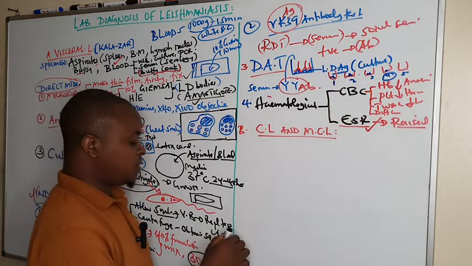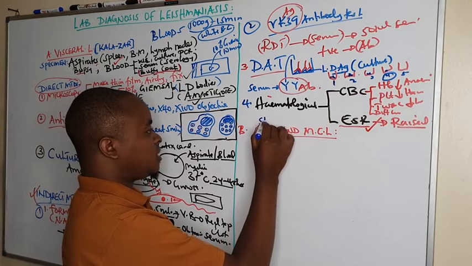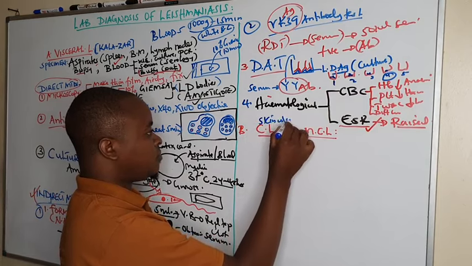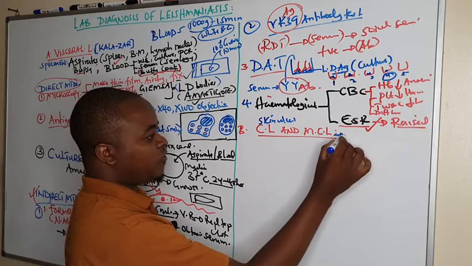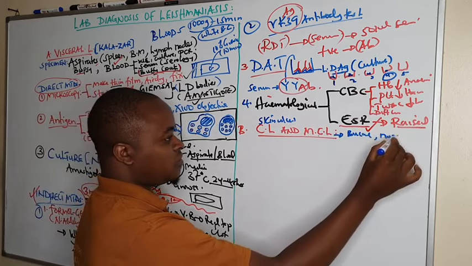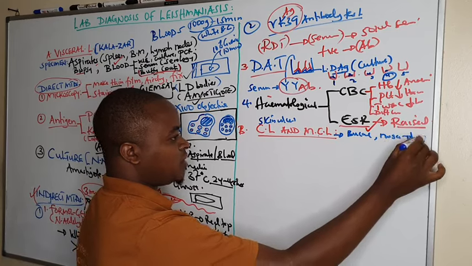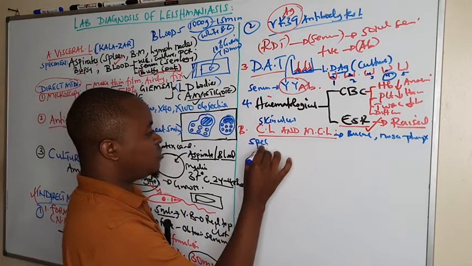Lastly, let us look at cutaneous leishmaniasis, which causes skin ulcer, and mucocutaneous leishmaniasis, which affects the buccal cavity and the nasopharyngeal cavity. So here are the specimens we are going to use.